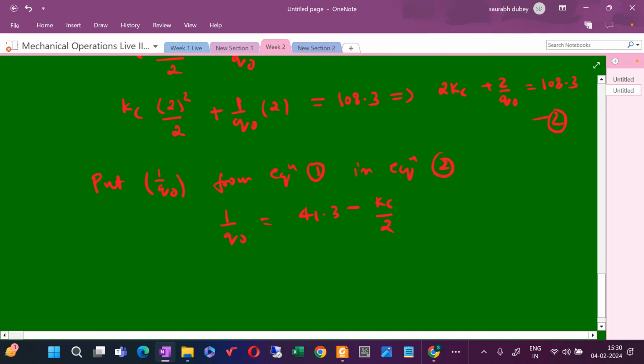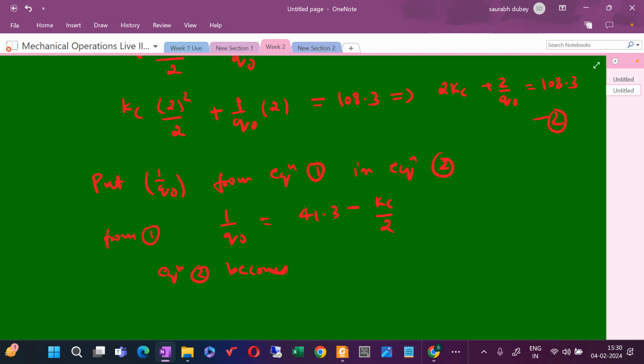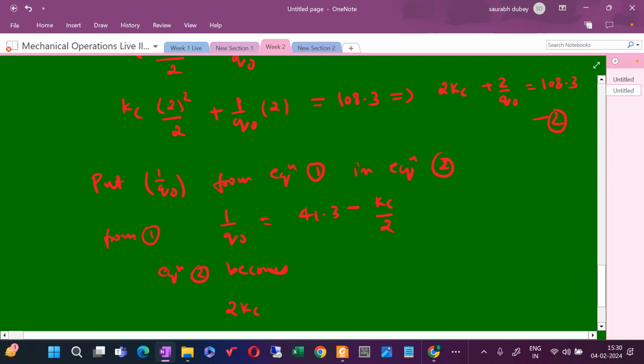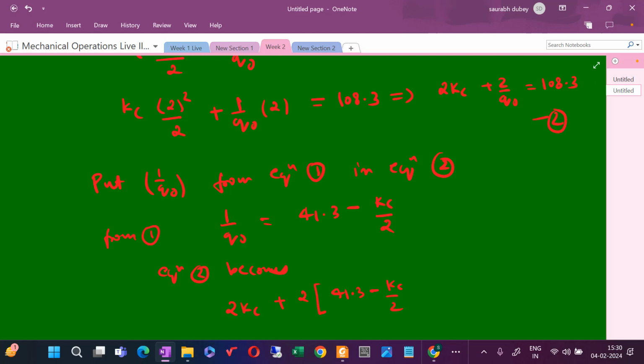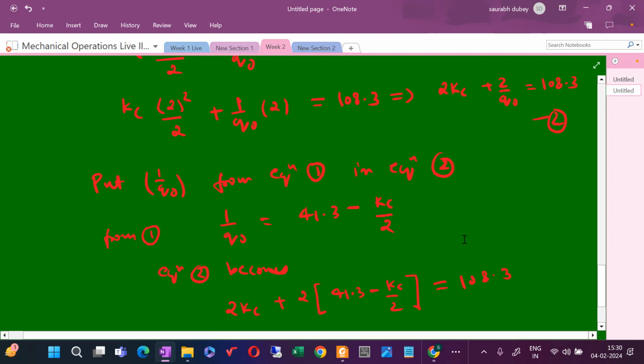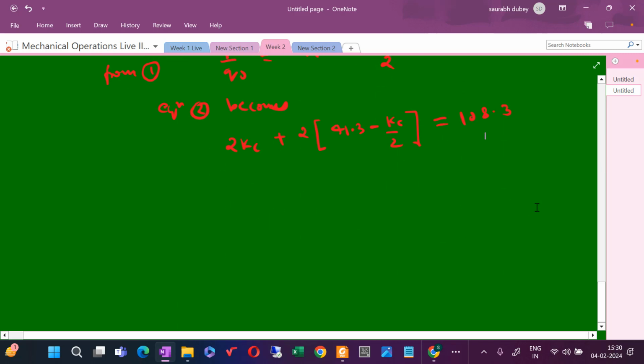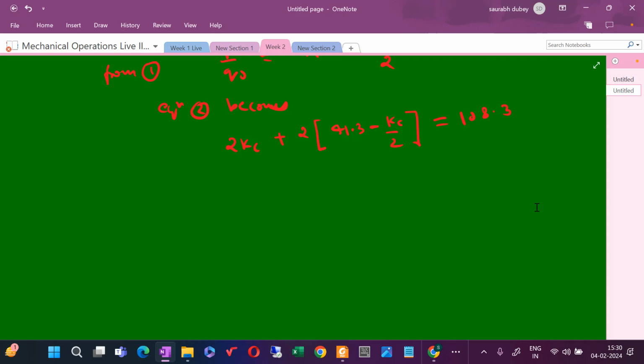And when you do this, equation 2 becomes 2 Kc plus 2 times (41.3 minus Kc by 2) equals to 108.3. And this value will come out to be the value of Kc we have been asked to calculate.